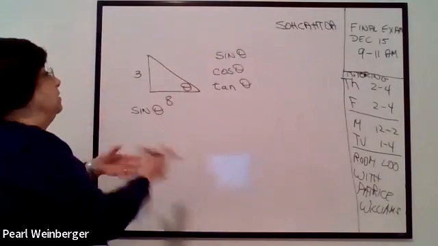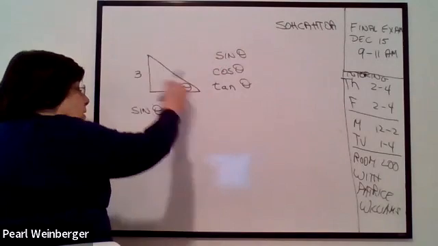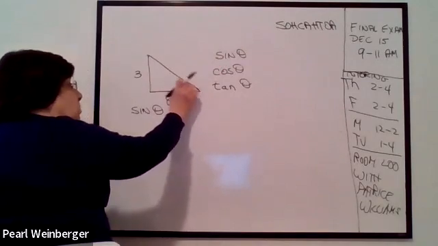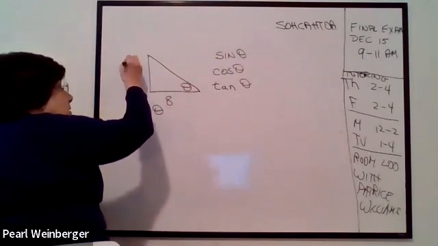So what do I mean by this opposite, adjacent, hypotenuse? So I go to my triangle and I look at my angle. The side that is directly across from the angle is called the opposite side.